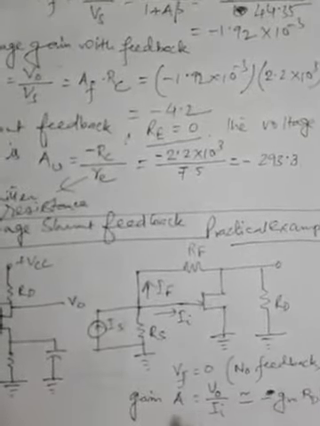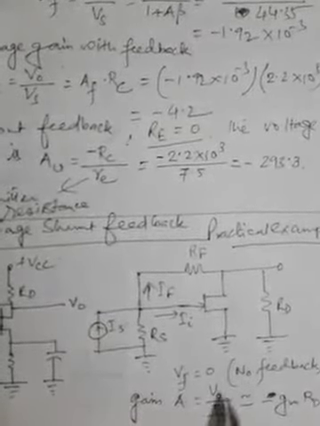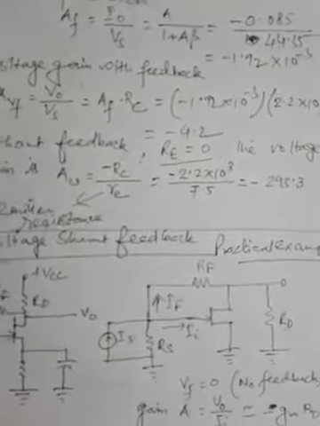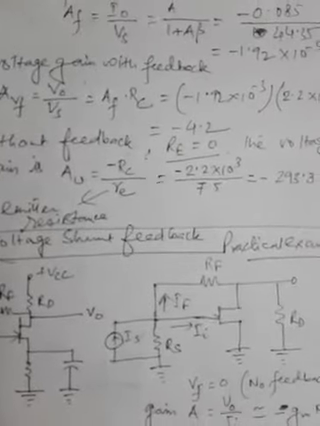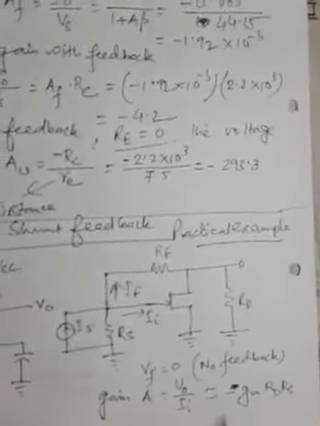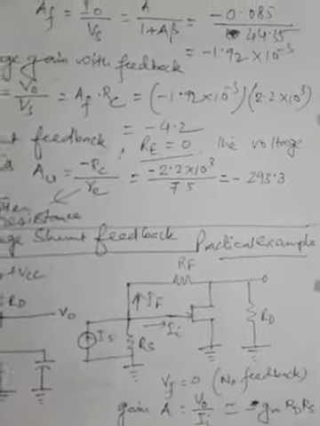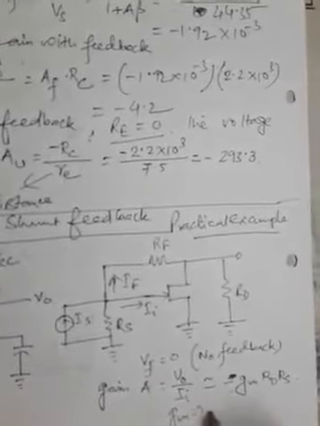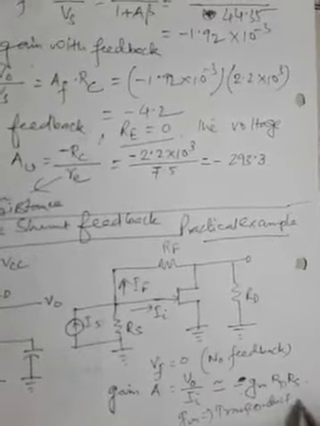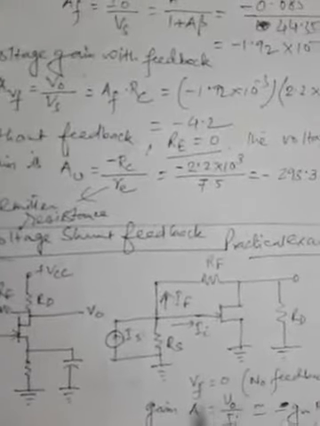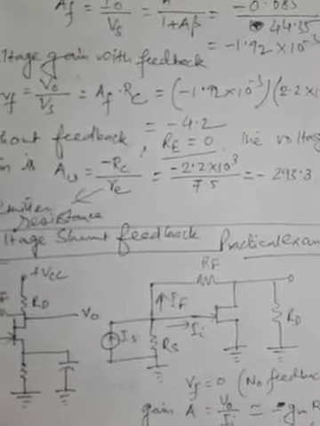This gain A is the transgain, or rather it is called transresistance actually, because it is output voltage by input current. So the gain of the transresistance amplifier without feedback is given by minus gm, where gm is the transconductance, and RD RS, the two resistances from the output and input side.